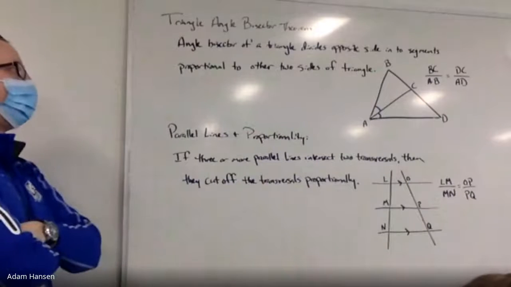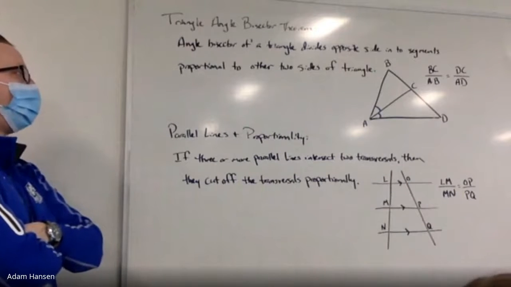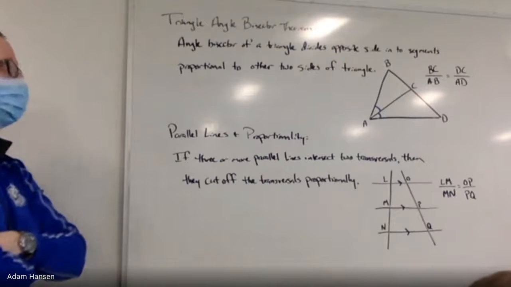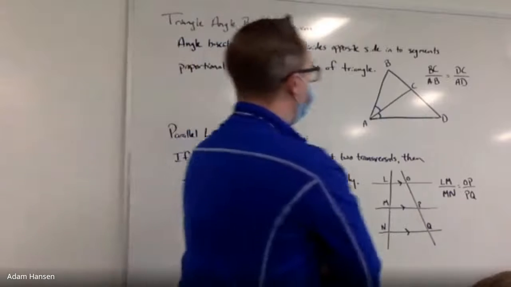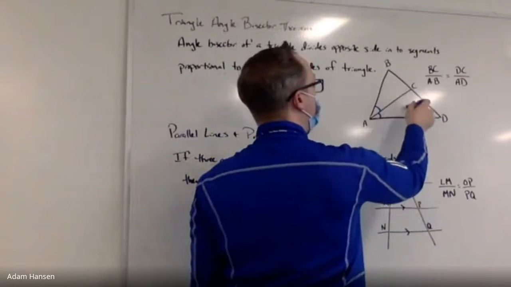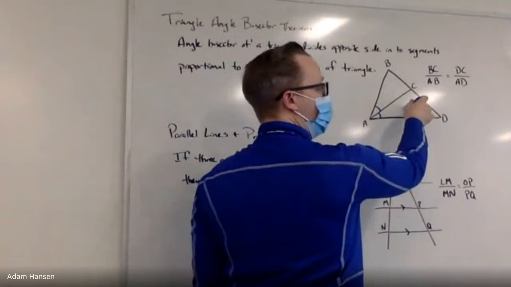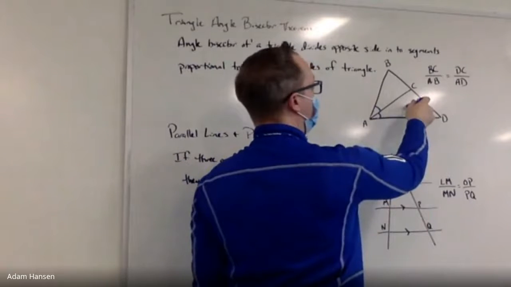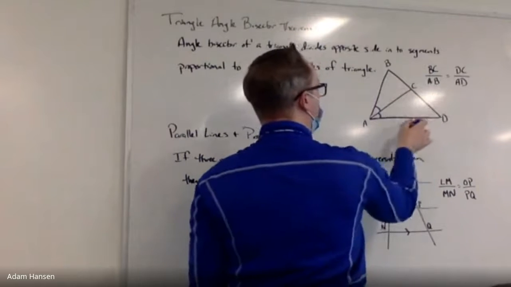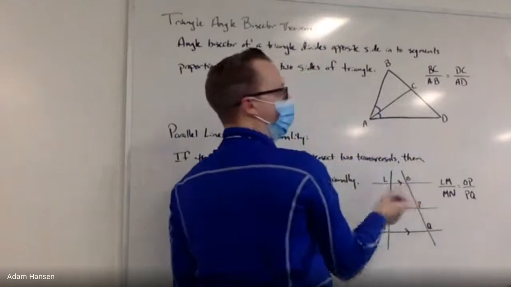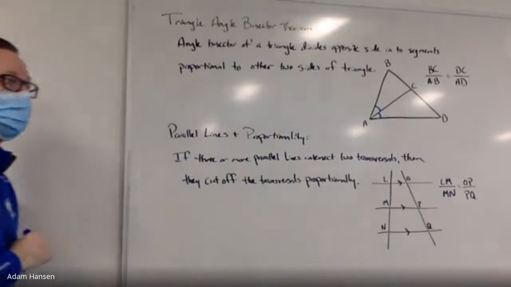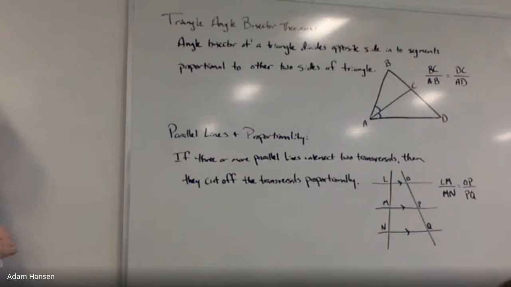Basically, it slices the entire triangle into two similar triangles. These two triangles are similar, so there are going to be lots of different proportions. BC is to AB as DC is to AD would just be one of them.